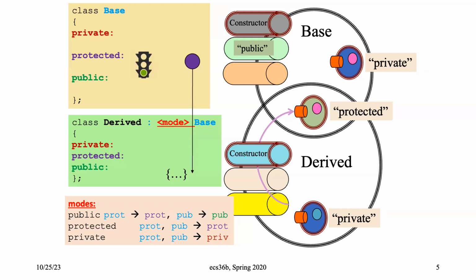However, since it's protected, it is still available to a derived class of the derived class. They can still access that. So that's the usage of protected, if you want to create a class but you don't want the base class to be public.